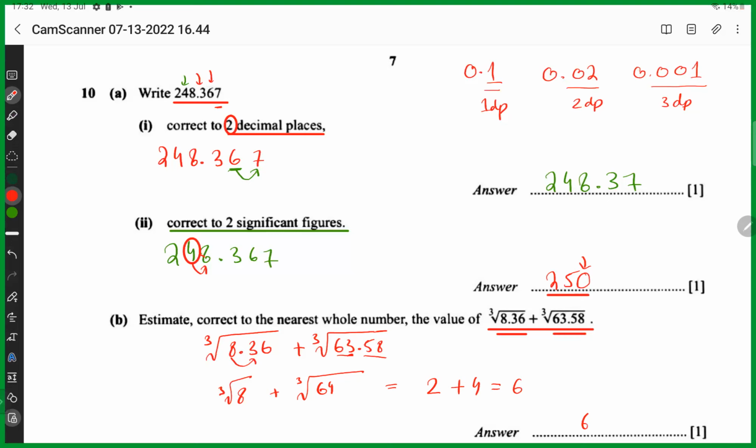So estimate correct to the nearest whole number. Now here they did not say to convert this number or this number to the nearest whole number. They just wanted an answer that is only a whole number. So for that, we just had to initially round off the two numbers and the final answer is automatically rounded off to the nearest whole number. So 6 would be the answer.